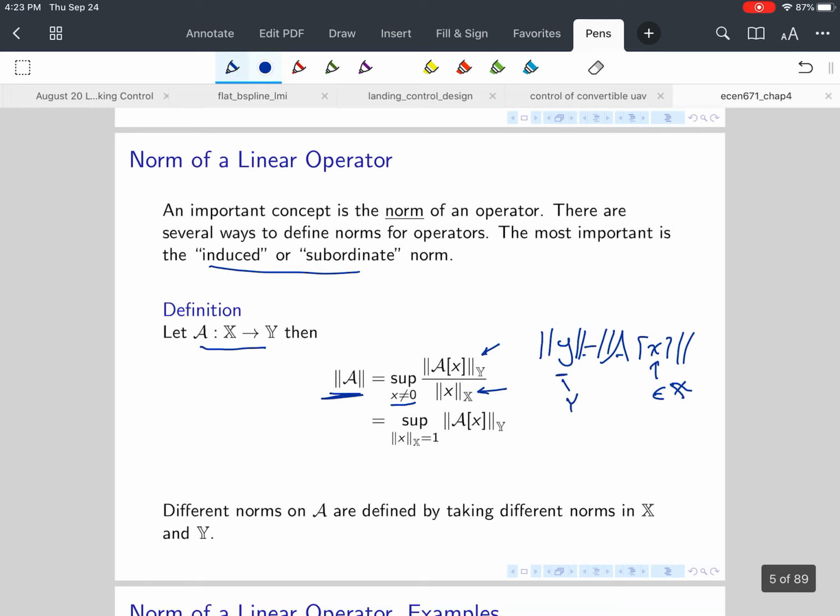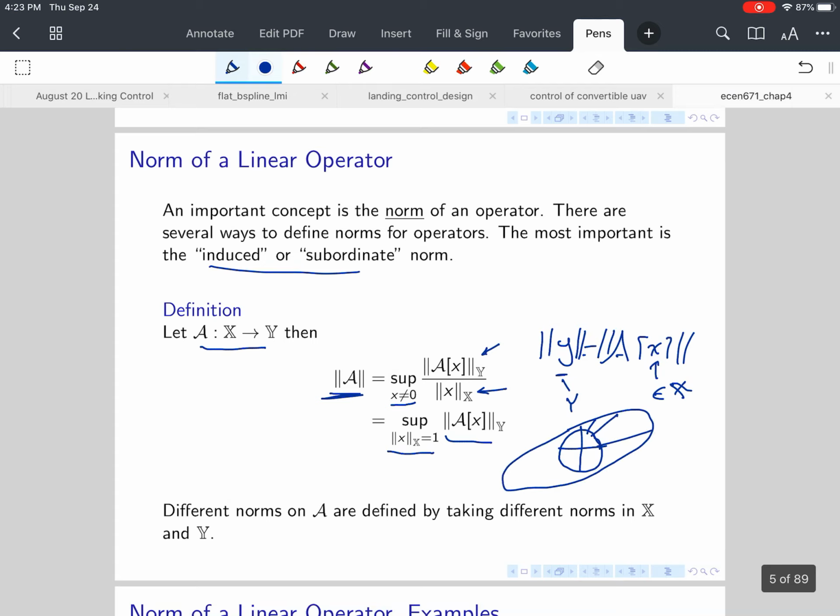Okay, it turns out that is exactly the same as taking the supremum of the norm of Ax over the set of all x's on the unit circle, okay? And the unit circle would be defined in the appropriate norm. In other words, we're going to take all of the x's here, and we're going to see what the linear operator does to it. It might produce, maybe something that looks like this.